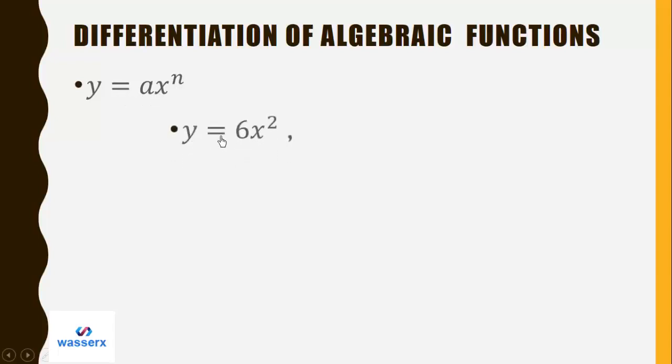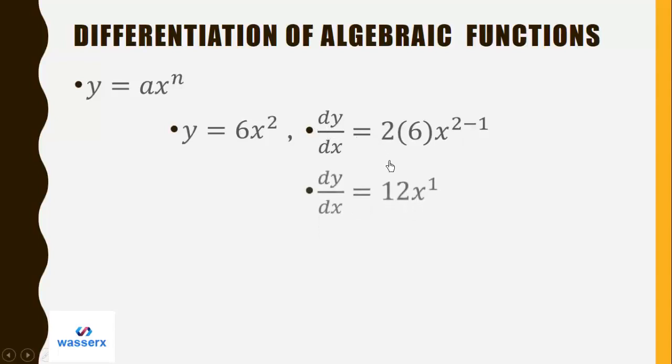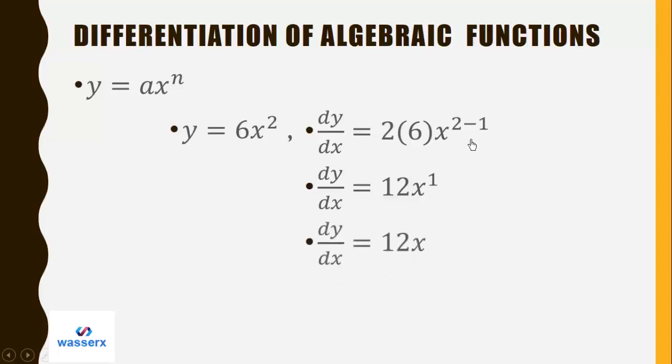For example, if you have y equals 6x squared, dy/dx will be 2 times 6x to the power 2 minus 1. So this will simplify to give us 12x to the power 1, which is the same as 12x. Remember that the exponent will come and multiply the whole thing, and after that subtract 1 from the exponent.